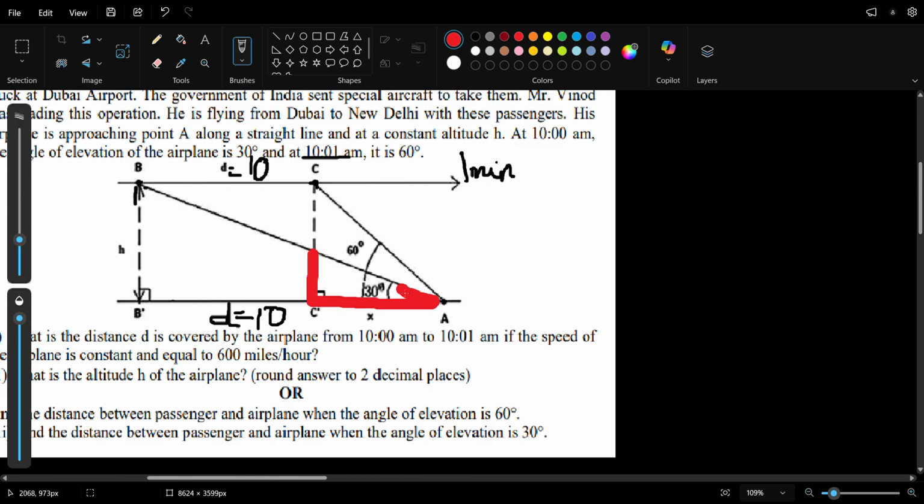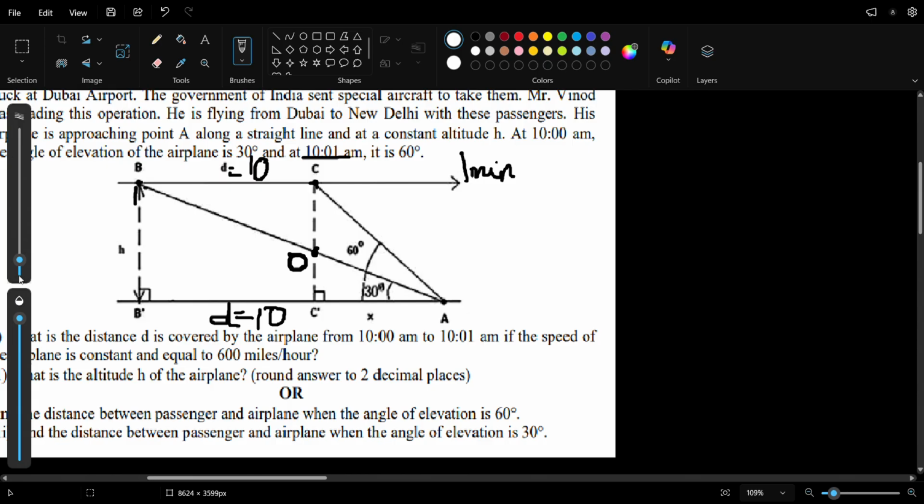In this triangle, we have to find what x is. In x, we can substitute the variable h and then find the answer. So let's name this point as, let's say, O.